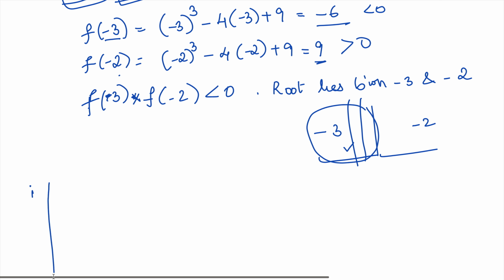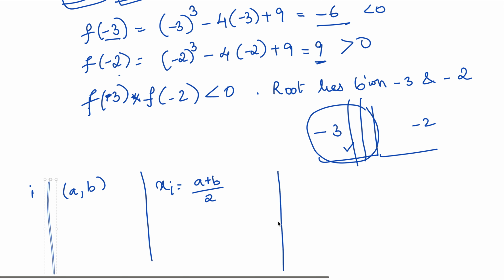The first column would be i, and the next column would be our interval a, b, and then we have xi, which is a plus b by 2. Then we have f of xi.